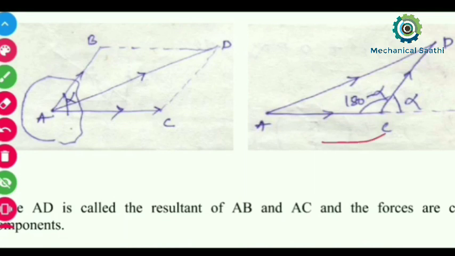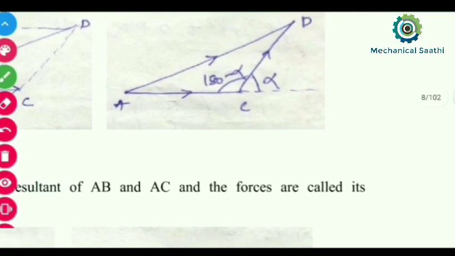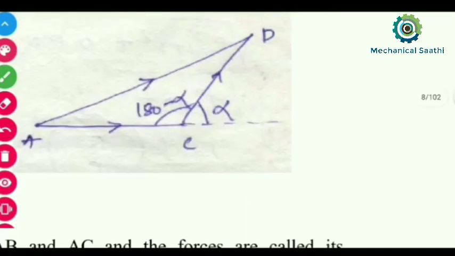Let us move to this figure and try to calculate that. Here we got to know that this is P, this is Q and this is R, where we need to calculate the value of R.